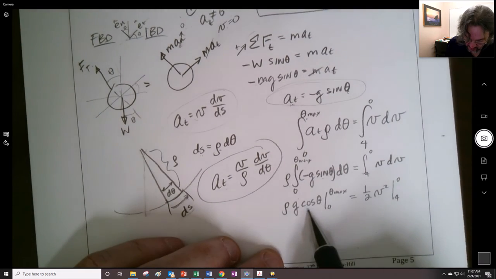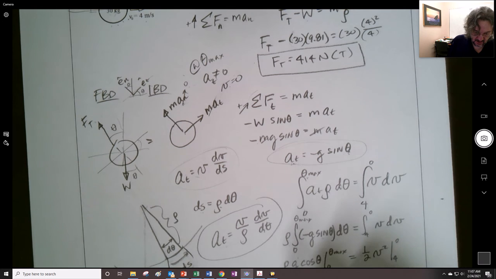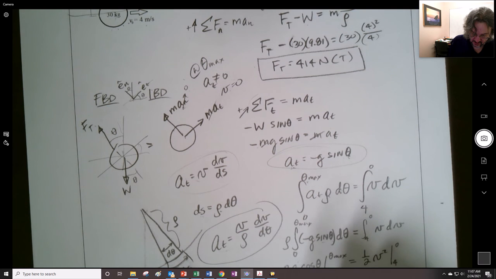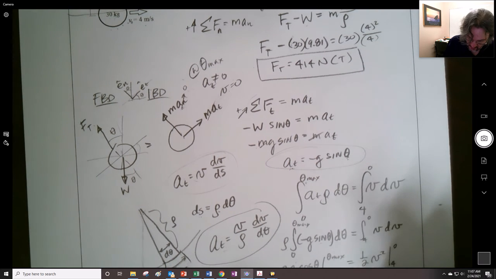So if we go through and put these things in here, this is going to be 4 meters, that's 9.81, and the cosine of theta max minus the cosine of 0, we have to be careful of this, right? The cosine of 0 is 1, so it's going to be minus 1.